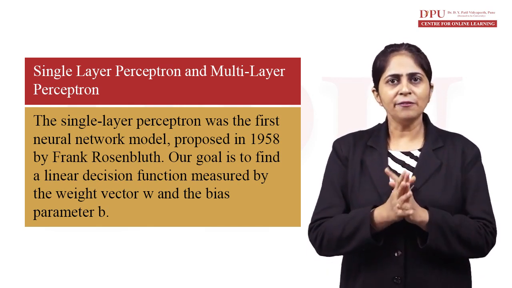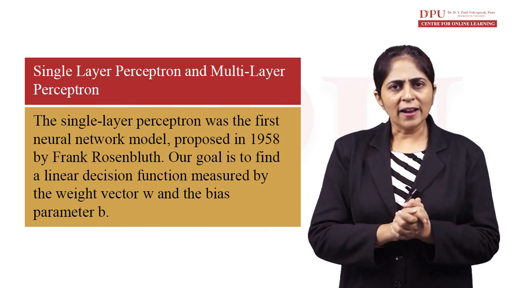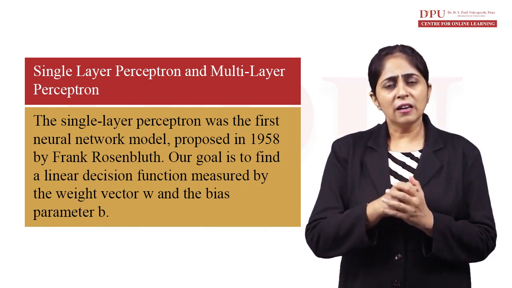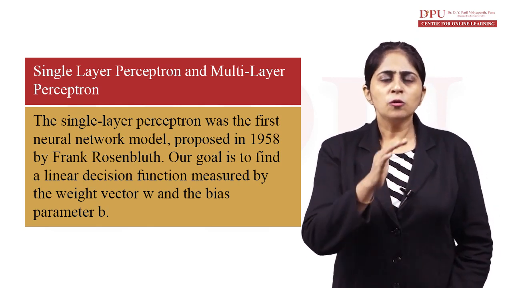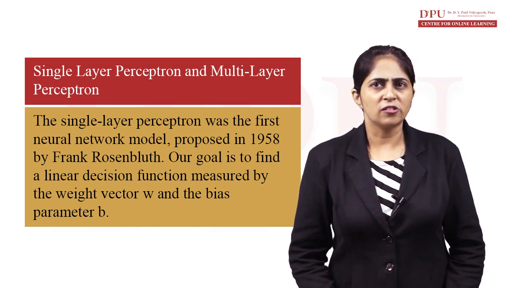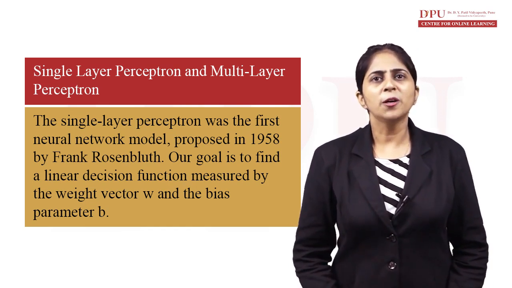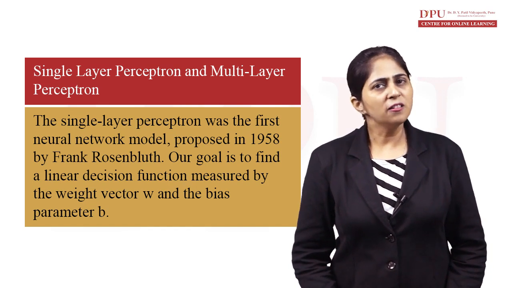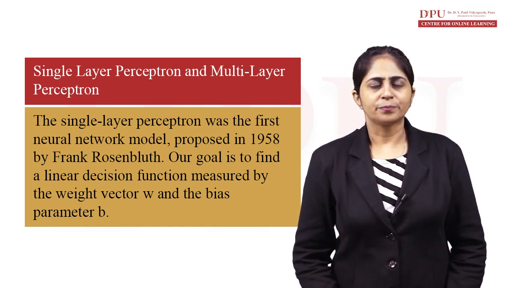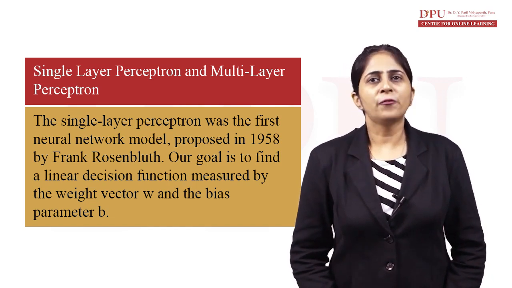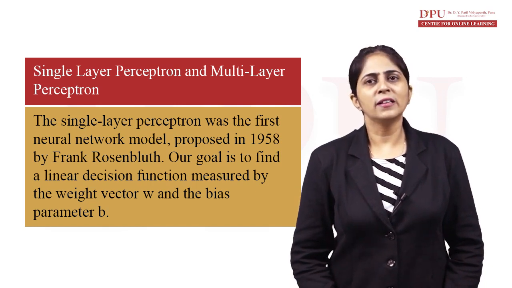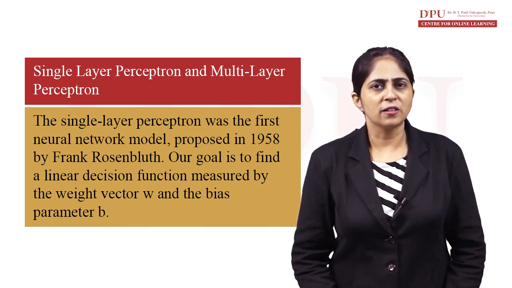Here in 1958, Frank Rosenblatt's goal was just to find a linear decision function which could be measured by the weight and the bias parameter b. This is further proposed when the neural model is built.